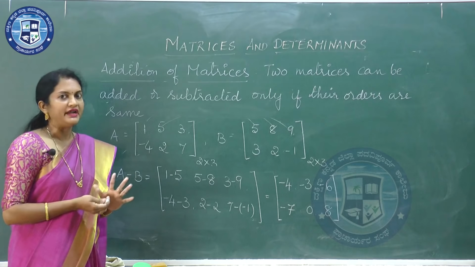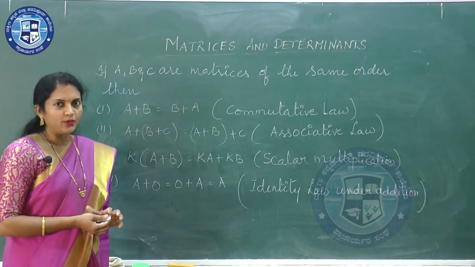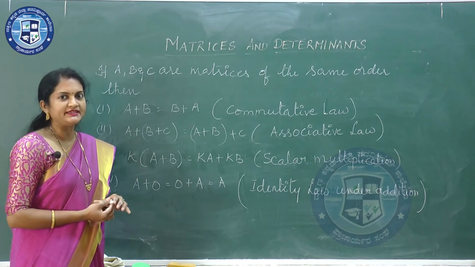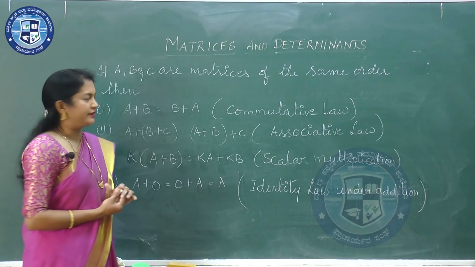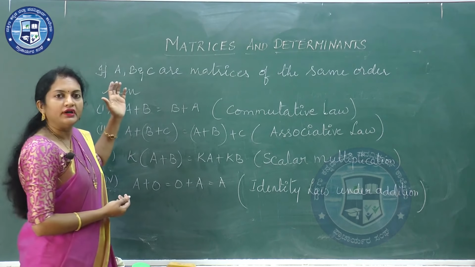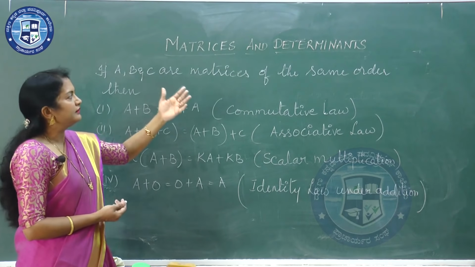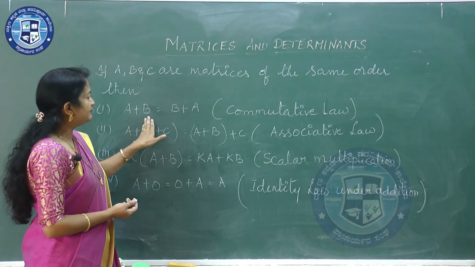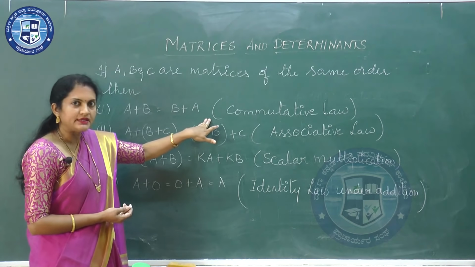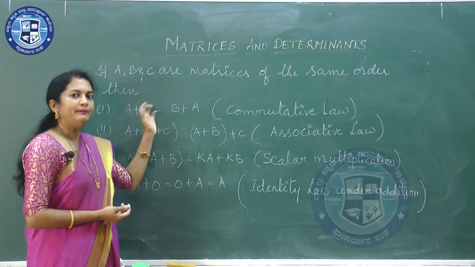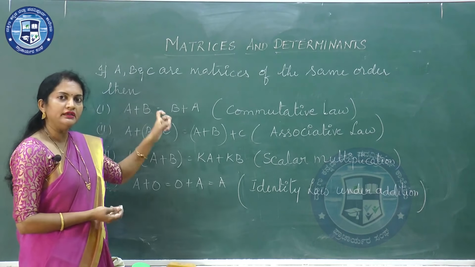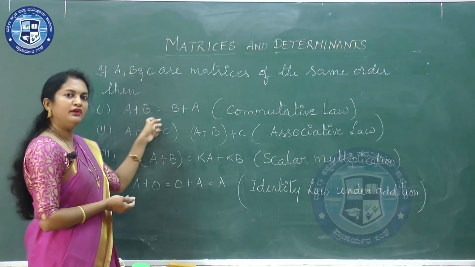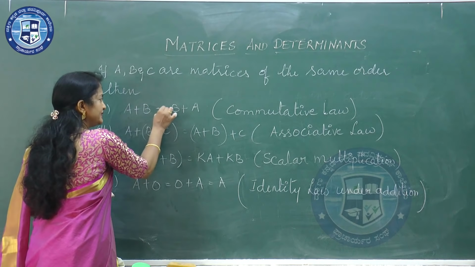Now we will see some of the properties of matrix addition. If A, B, C are three matrices of the same order, then A plus B is equal to B plus A. That means two matrices you can add in any order, A plus B or B plus A, both are same.